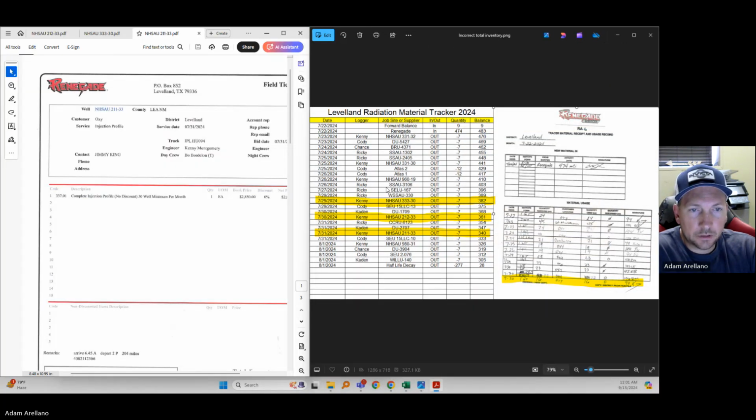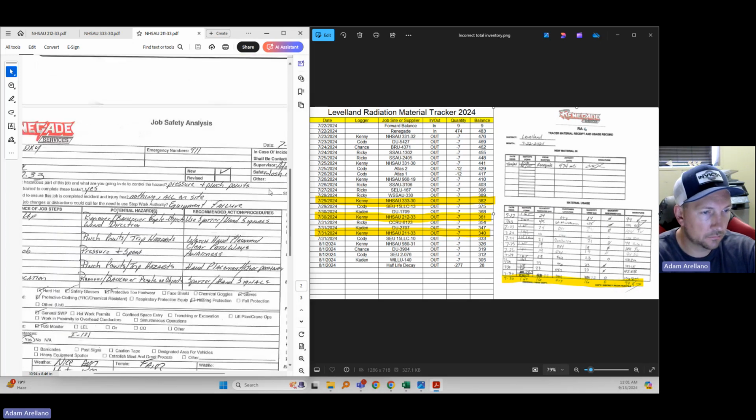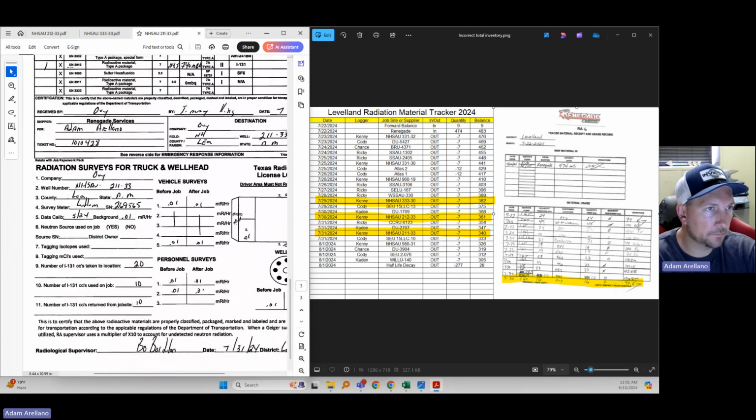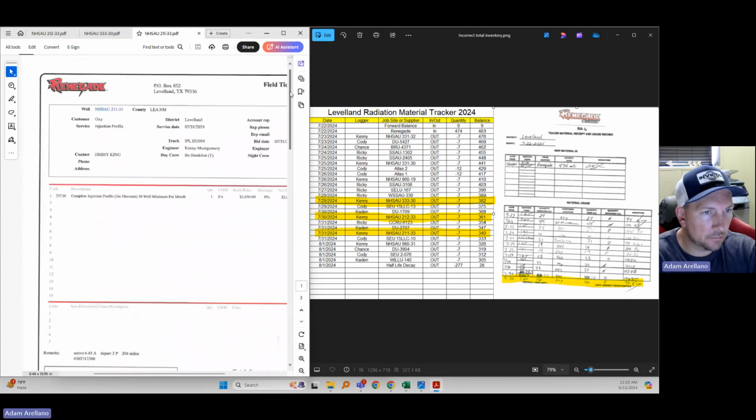All right. So the error that I saw here, I believe, was an error on total truck inventory. So this is, let me get them in order here.